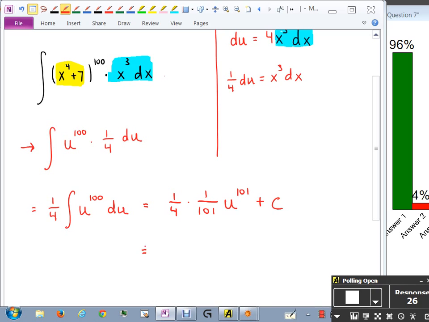Final answer: 1 over 404, (x^4 + 7)^101, that's my u, plus c. There you go.